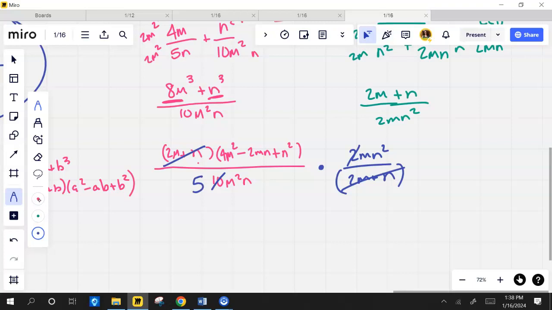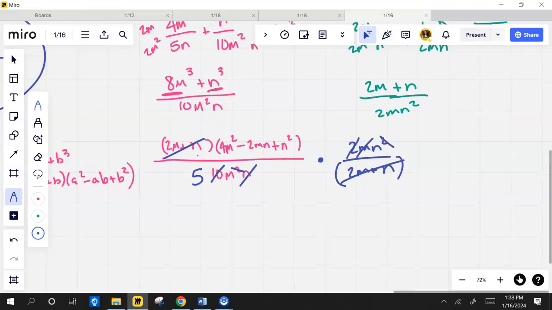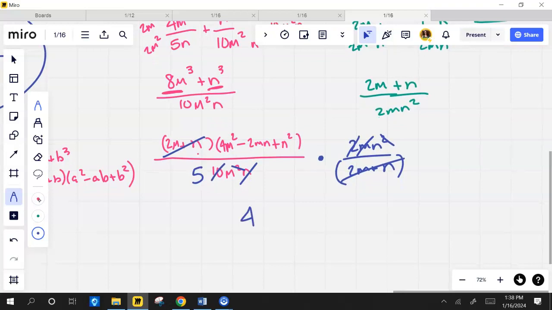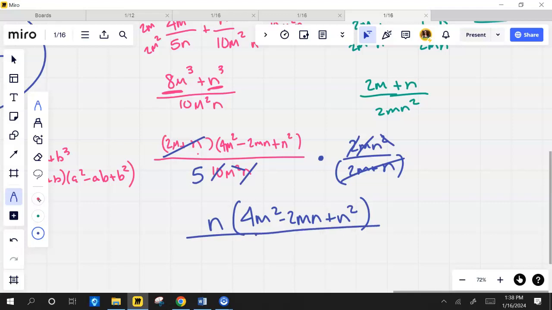Actually, I could, yep, that's right. M and N, just one of them though. All right, so let's get everything that we've got left. I see 4m squared minus 2mn plus n squared. And I've still got this lone n that sits right there on the side. That's that n that was right there. There was 2 and I just marked 1 out.